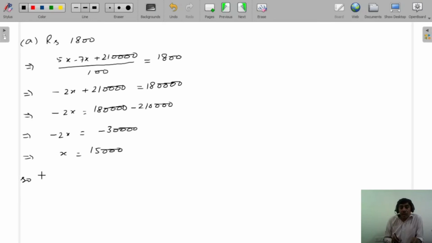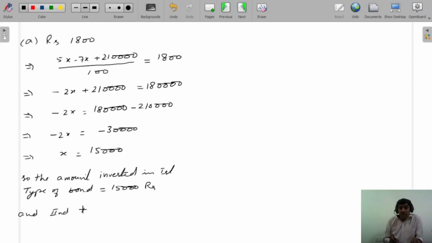So the amount invested in the first type of bond is equal to 15,000 rupees, and the second type of bond is equal to 30,000 minus 15,000, which is equal to 15,000.